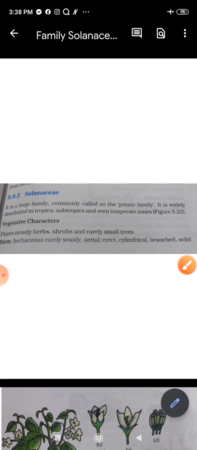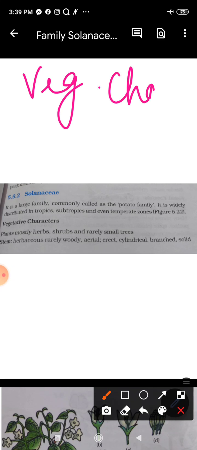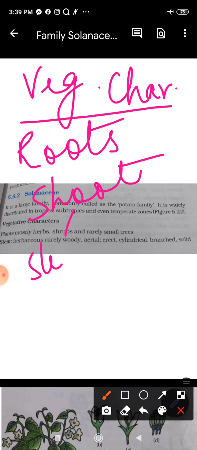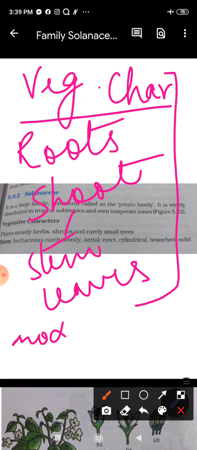Coming to the vegetative characters, what do we refer to as the vegetative characters? We talk about the roots, we talk about the shoot, in the shoot we talk about the stem, we talk about the leaves. Right, so these are the vegetative parts of the plant, and of course this also includes all the modifications.